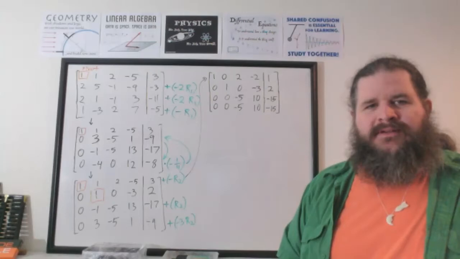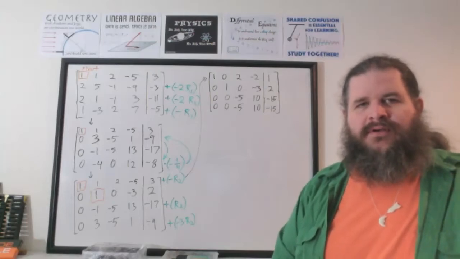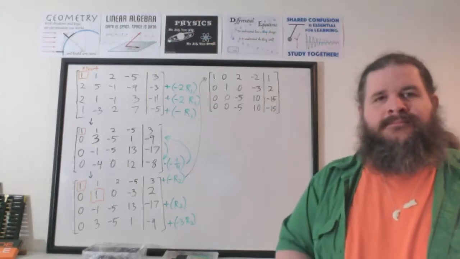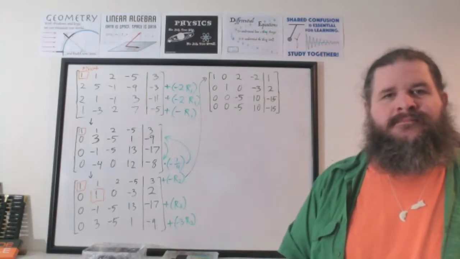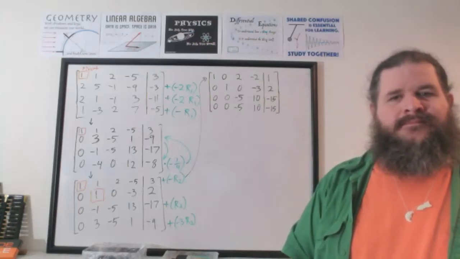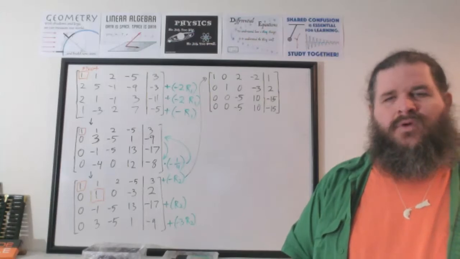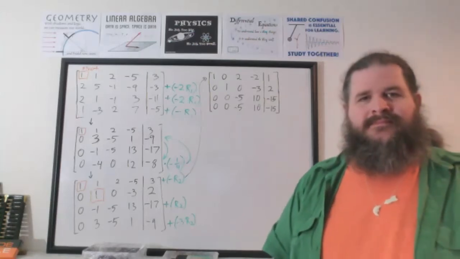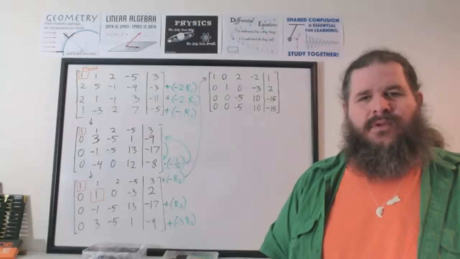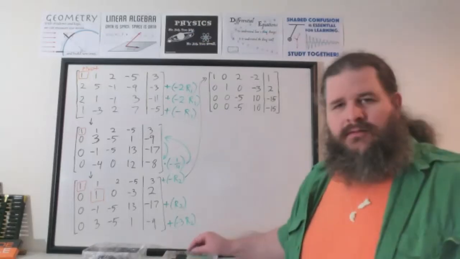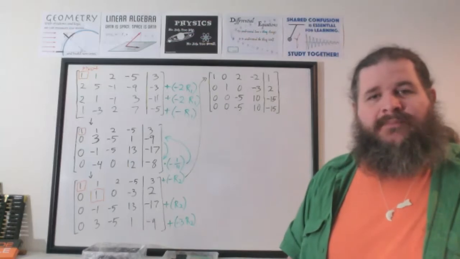And what just happened? What important property does this matrix now have? Or what's going to happen in the next step? Yeah, it's almost to row reduced echelon form already, right? We're going to need 1 or maybe 2 more steps.